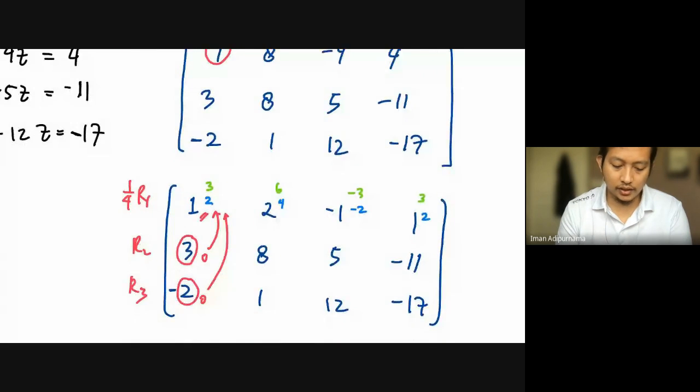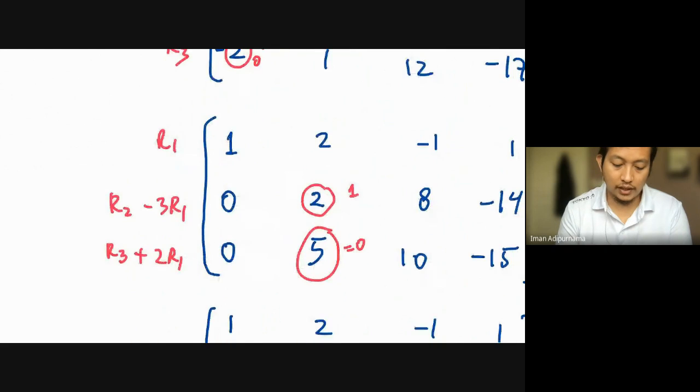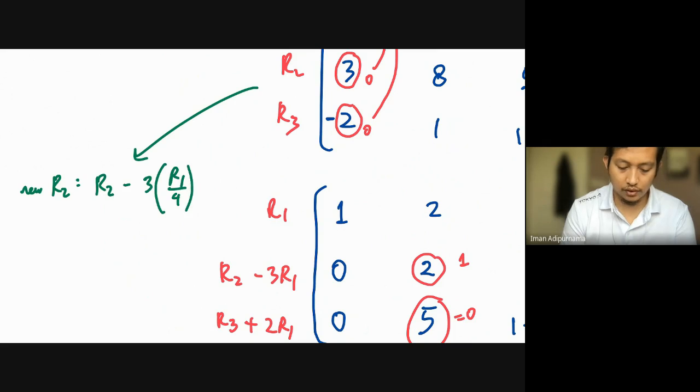So for example, the first one here, I'm writing that I need to divide R1 by 4. If you want to do that and directly take the second and third row into one process, that is possible. So from here you can take the new R2. So new R2 is R2 minus 3 R1, divided by 4, like that.